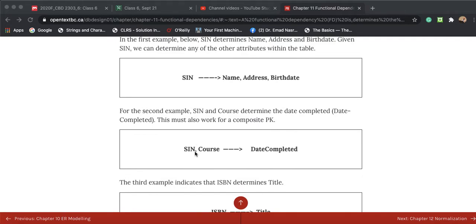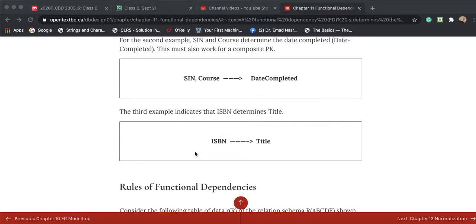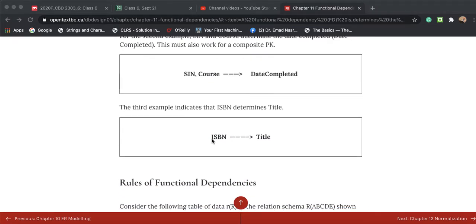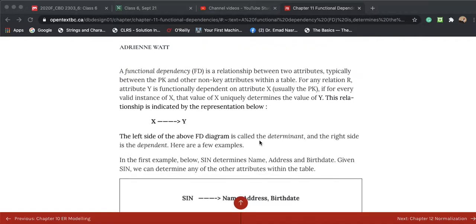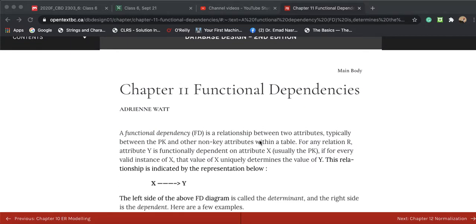But for example, ISBN and the book title. I'll give you another example. In some organizations, they have salaries depend on rank.